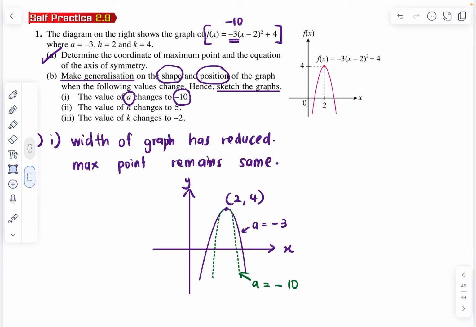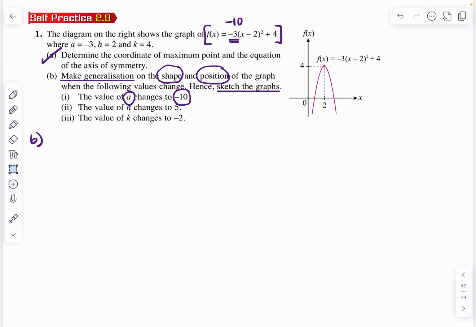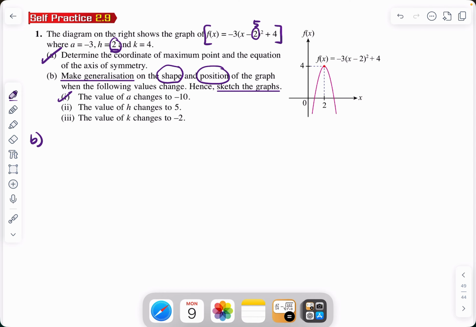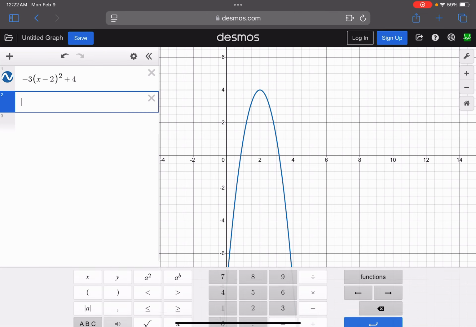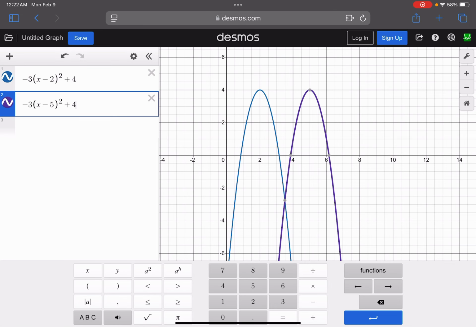Okay. Let's look at B2. B1 done. Value of h changes to 5. Okay, now our a will still remain -3. h from 2 becomes 5. Okay, let's see. -3(x - 5)² plus 4.